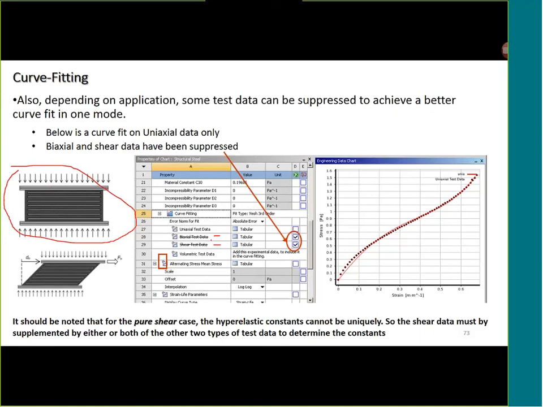Or in another case, if it has only shear, you can remove this uniaxial data, use only the shear or biaxial test data, and try to achieve a better fit for one mode.